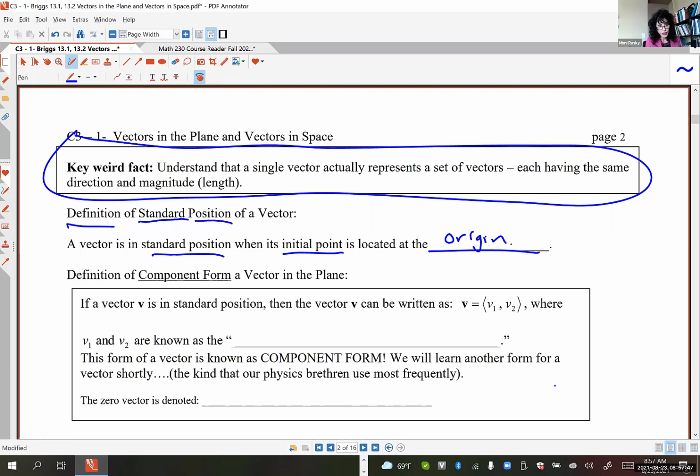So if your vector is in standard position, somebody has moved it around so the initial point is there at the origin. And that's really useful a lot of times when your vector is located in standard position. Does it have to be? No, but it's easier to work with, as we'll soon find out.